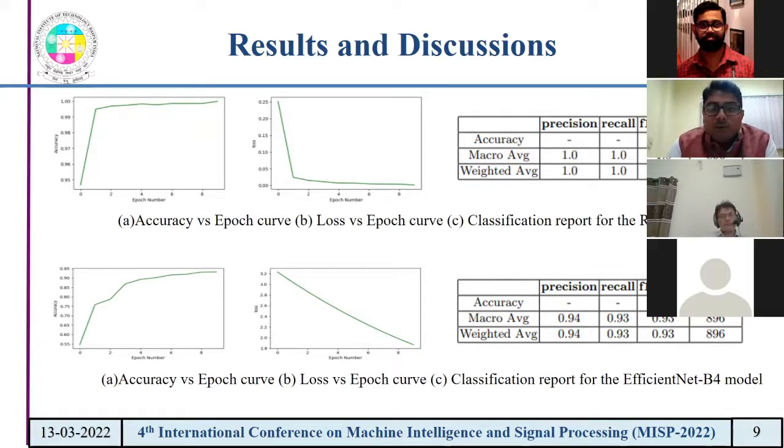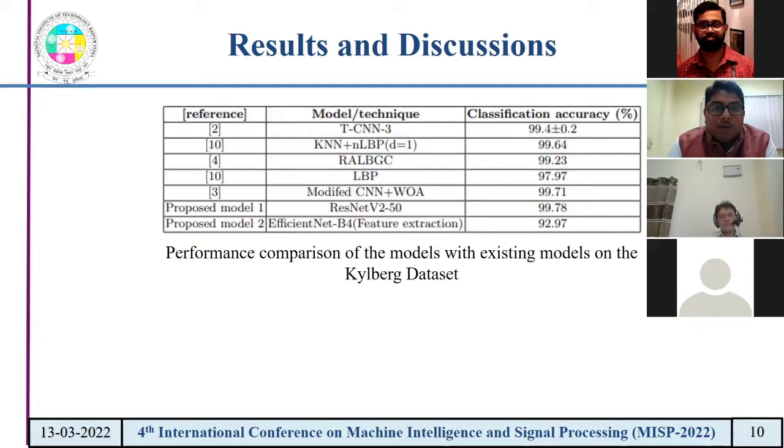If you go to your results comparison, it gives a lot of indication that the dataset you are considering is not challenging. Almost all the methods are achieving 99.4, 99.64% results, so what is the scope of improvement?